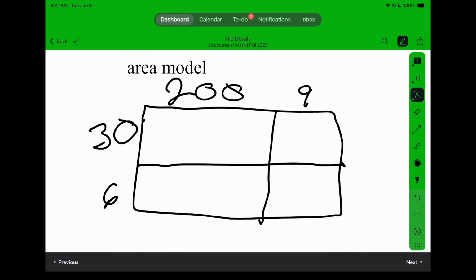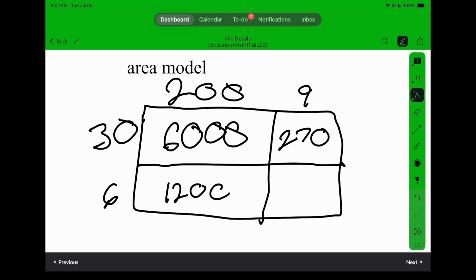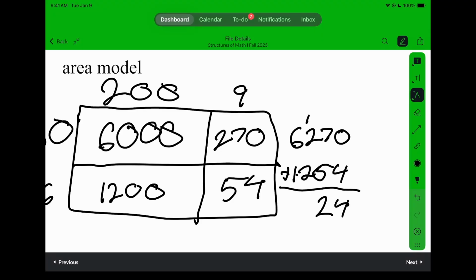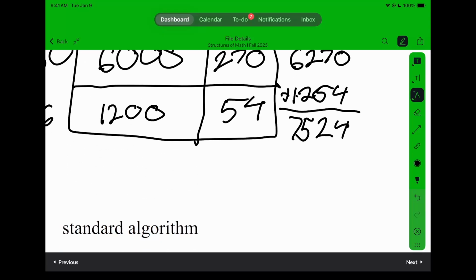We have 30 and 6. 2 times 3 is 6, add the 3 zeros. 9 times 30 is 27, add the 0. 200 times 6 and 9 times 6. Add across. Answer is 7,524.